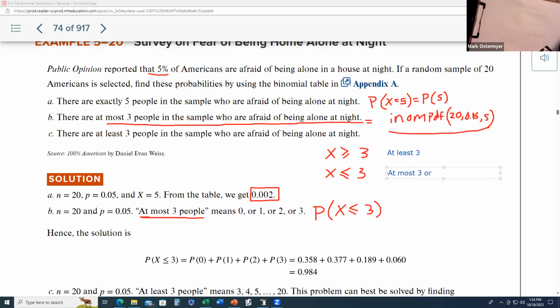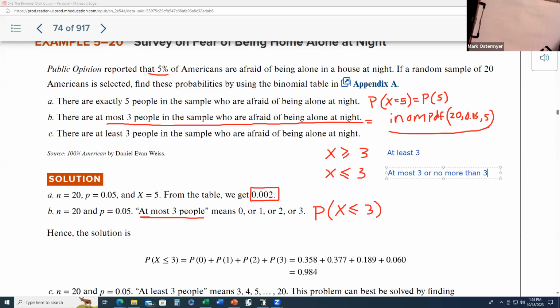Or, ladies and gentlemen, you could say no more than 3. That's what X less than or equal to 3 suggests. So at least 3 means greater than or equal to 3. At most 3 or no more than 3 means less than or equal to 3.